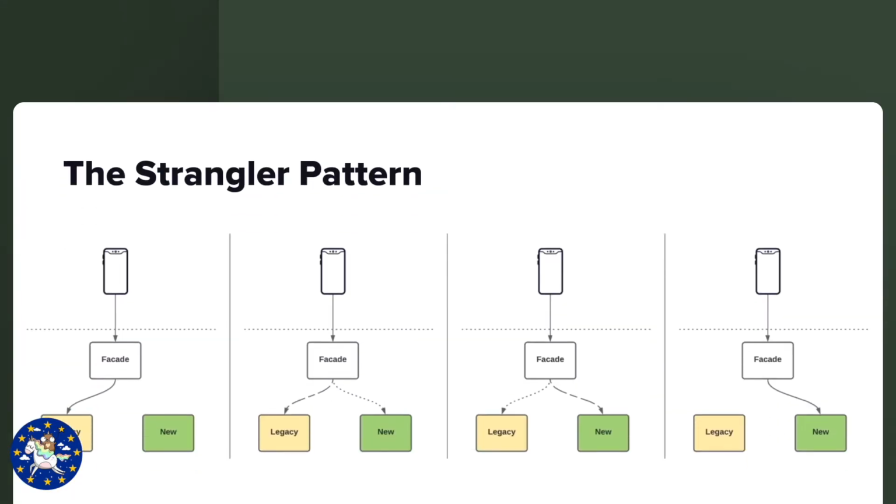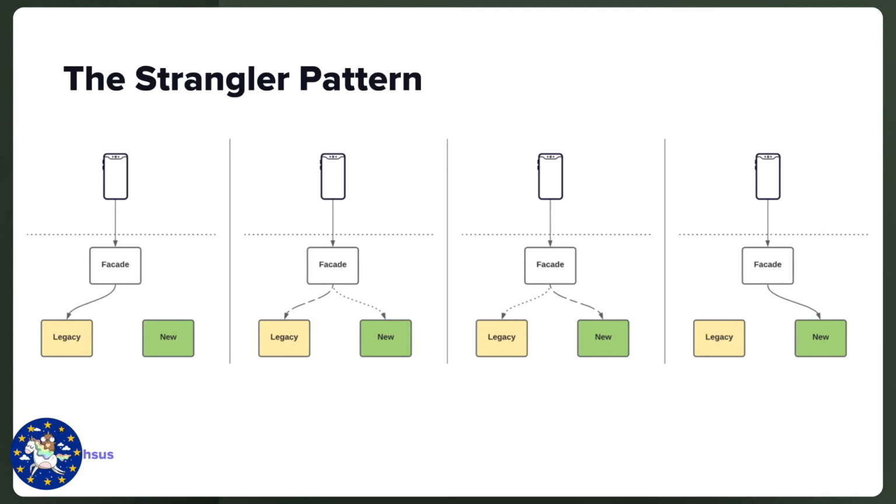So we can apply this to software as well, where we can wrap new functionality around a legacy system. We can do that by introducing a facade, typically called a strangler facade, which is going to intercept the incoming requests and based on the configuration, send it to either the legacy backend or the new backend.